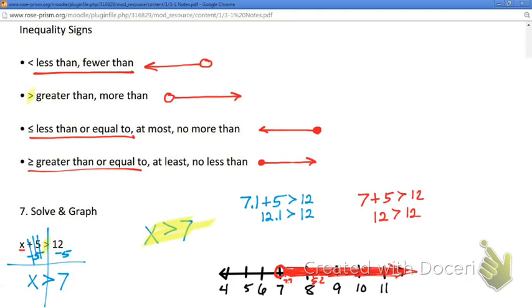So if this was a closed circle on 7, it would say I want 7 and everything bigger than 7. So that's how you do inequalities, and that's how you graph them. Not too tricky. Understand when you use an open circle and when you use a closed circle. Understand which one is greater than, which one is less than, so you know which way to shade.